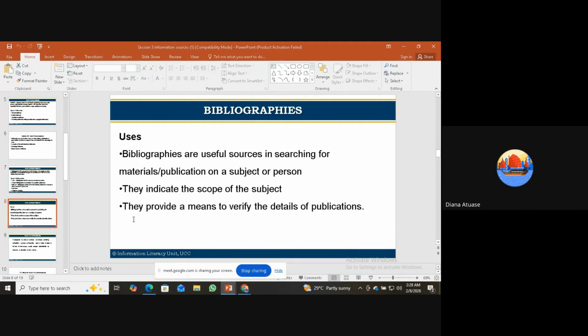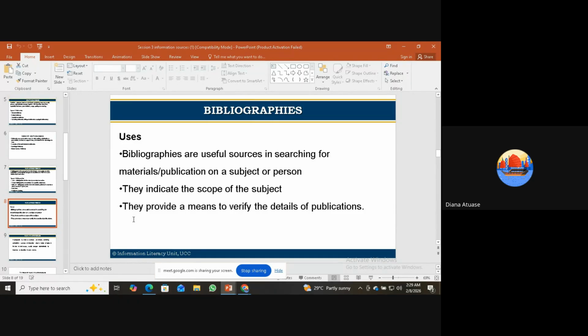Now we want to look at uses of bibliographies. The bibliographies are useful for searching for information on a specific subject or a particular person, as I explained. If you want to know the particular works done in your subject area, or by a particular author, the bibliography helps you to know what somebody has published.